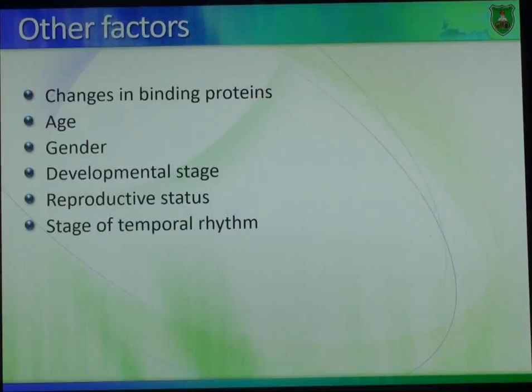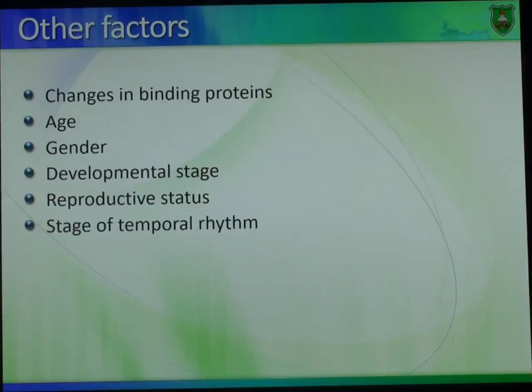There are other factors that are important and they play a role. One of them is gender, for example, and that's why if you look at any blood test for hormones, there are indicated ranges for males, and these are different than those used for females.